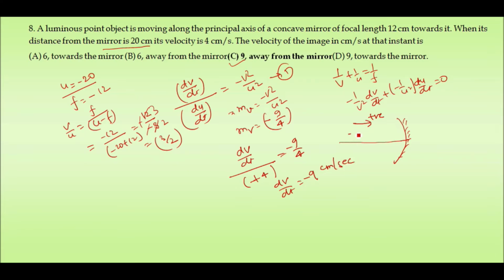So the negative sign signifies that the image is going away from the mirror. So the velocity of image is 9 cm per second and it is away from the mirror. So option C is correct.